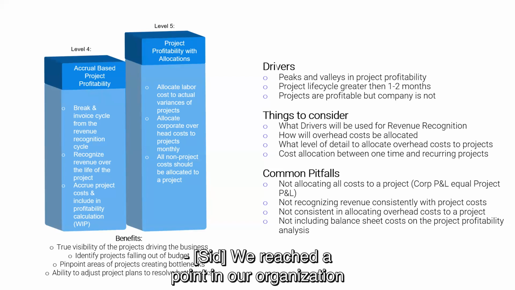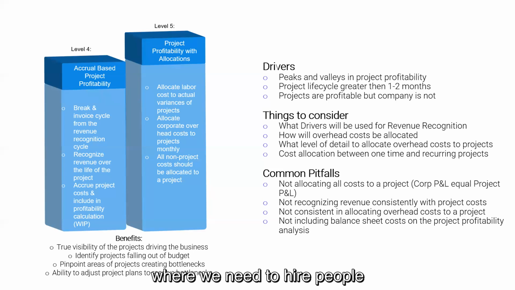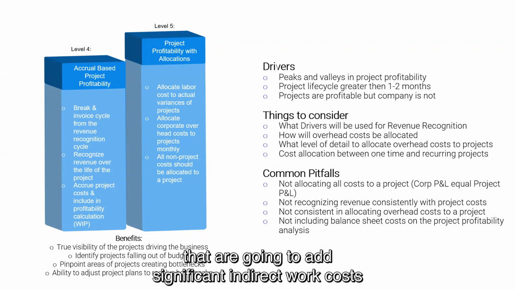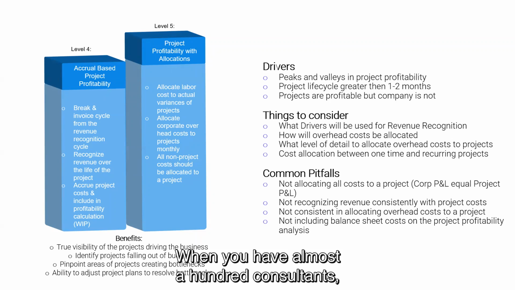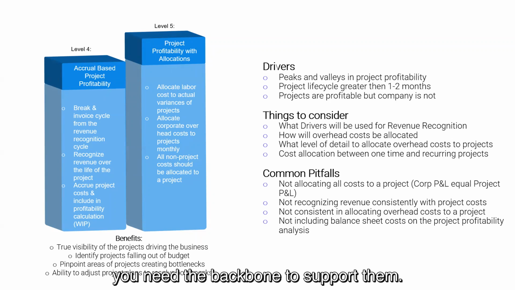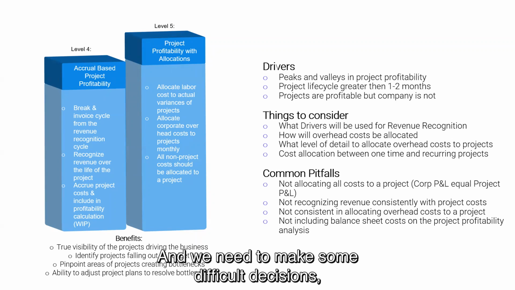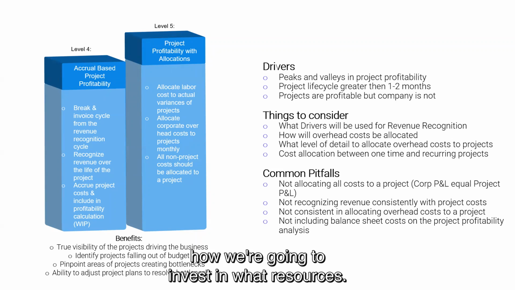We've reached a point in our organization where we need to hire people that are going to add significant indirect costs to our organization. When you have almost 100 consultants, you need the backbone to support them. And we need to make some difficult decisions, how we're going to invest in what resources.